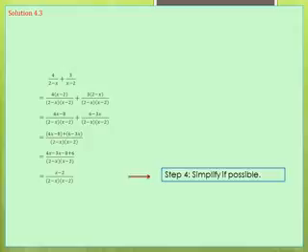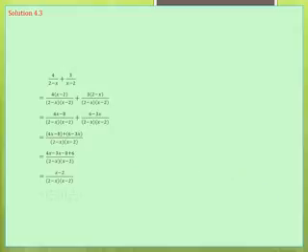And step 4 says to simplify if possible. Looking at our answer, x minus 2 over 2 minus x times x minus 2, we see a common factor. Therefore, we get the common factor and multiply it to the remaining expression that will make sense to complete the previous expression.